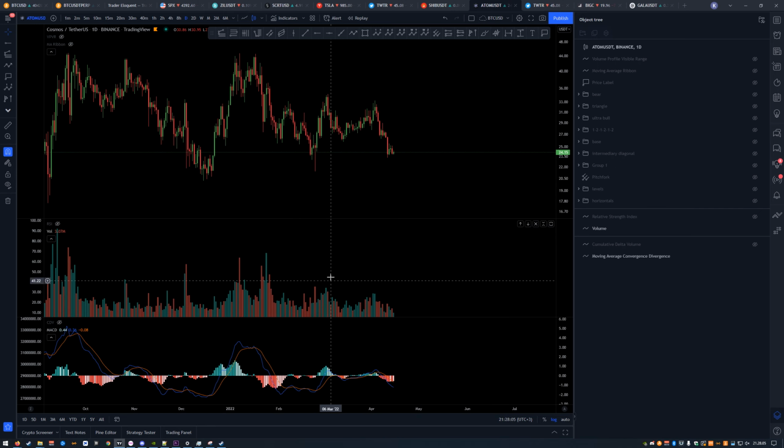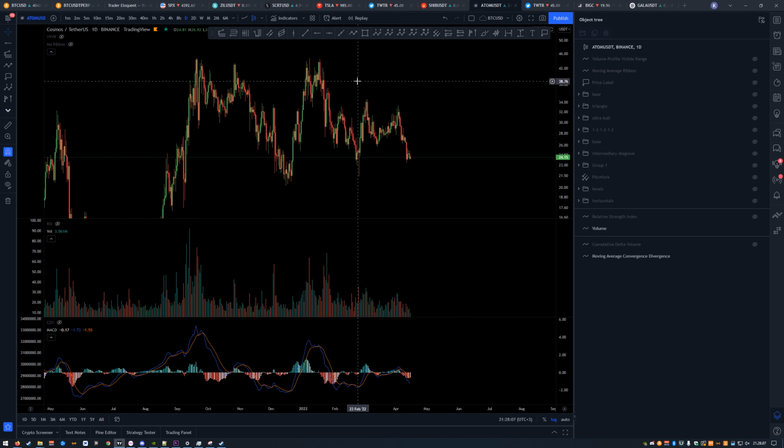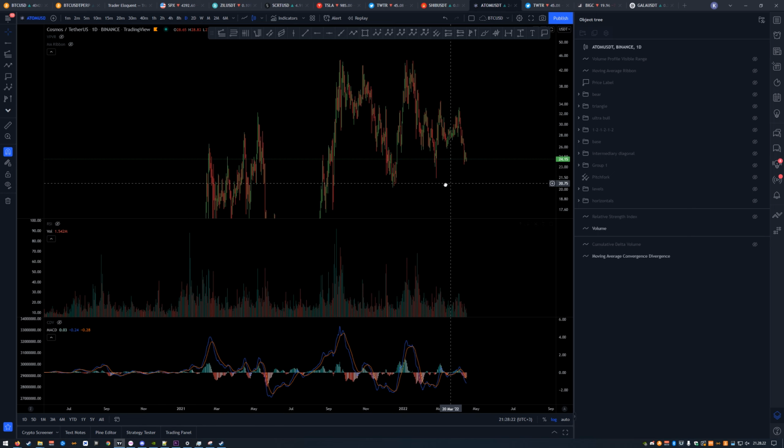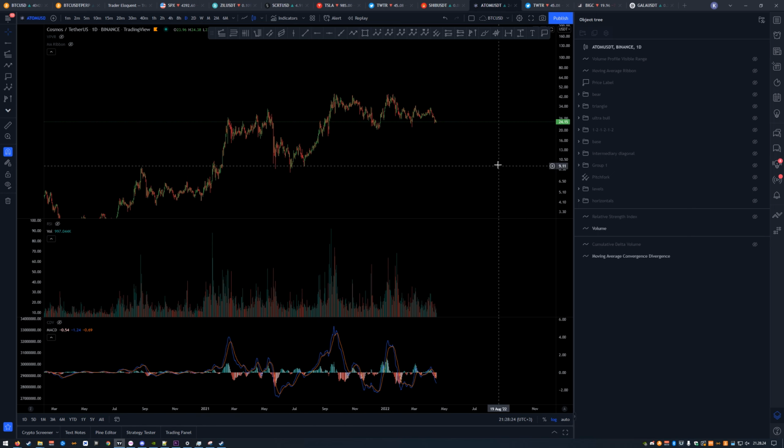On again these last levels, where we said that impulse wave would be here around this last pull around the end of February, there was a slight rise in volume, but nothing major like in some other altcoins.